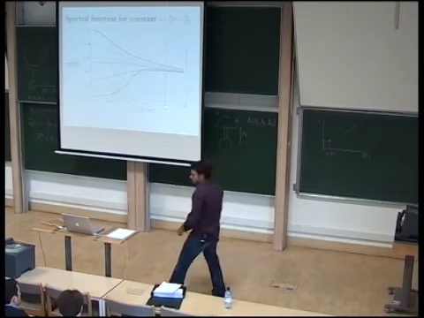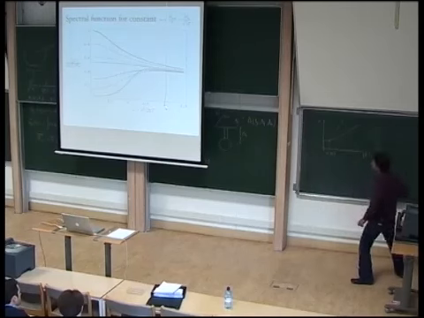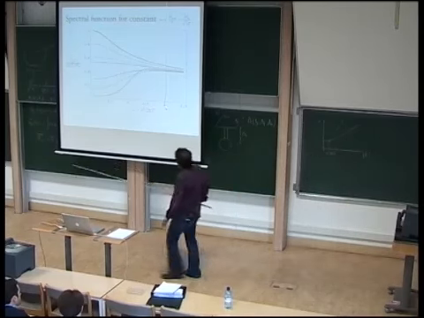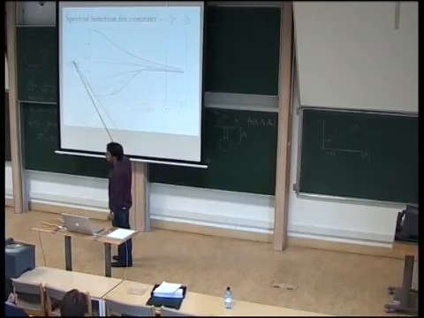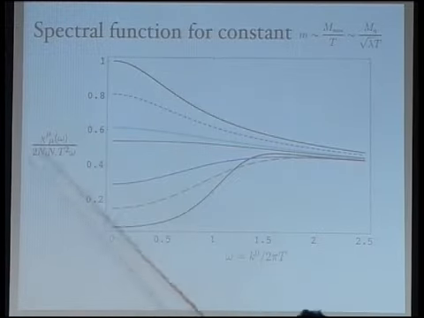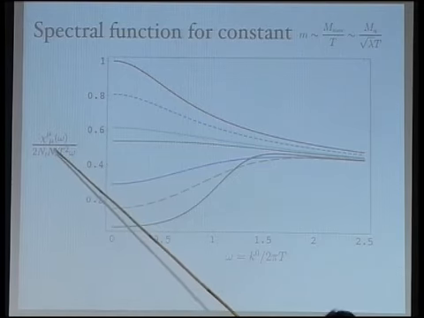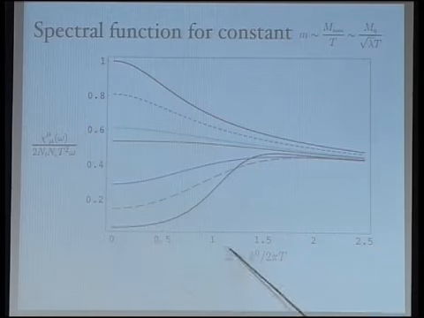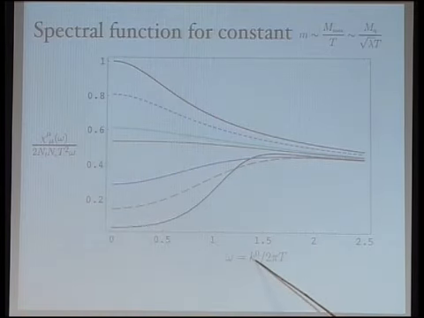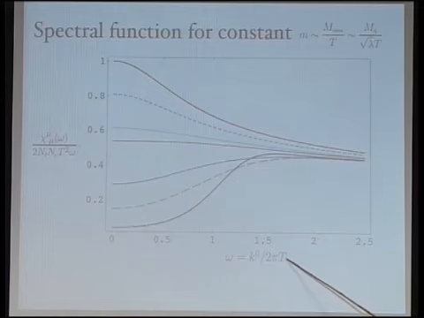Okay, so let me explain what this plot is. This is a plot of the spectral function, the trace of the spectral function, which is what we need to plug in here, in some units to make the whole thing dimensionless, as a function of what I'm calling omega, which is a dimensionless energy, k naught divided by 2 pi times the temperature.